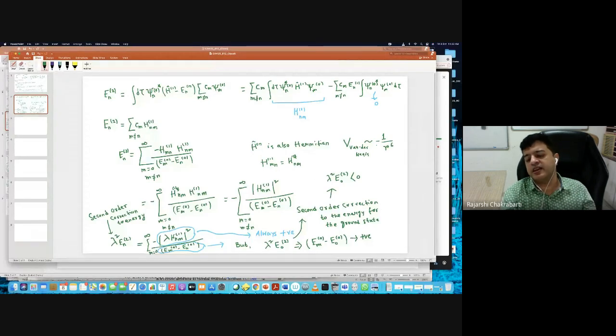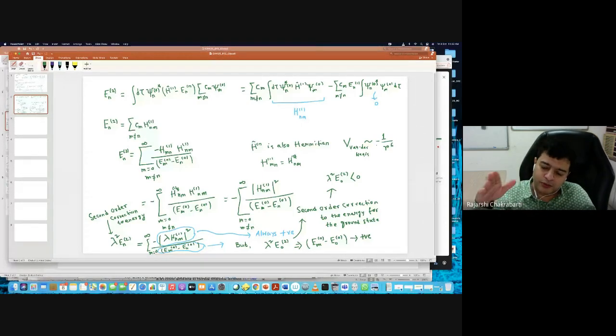This negative sign comes because it is a second order correction. If you do this calculation for hydrogen atoms, the first order correction is 0. There is no first order correction. So the lowest non-zero correction comes from this second order correction, and that is minus 1 over r^6.